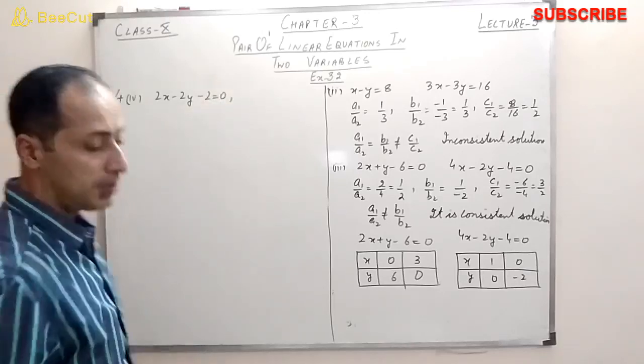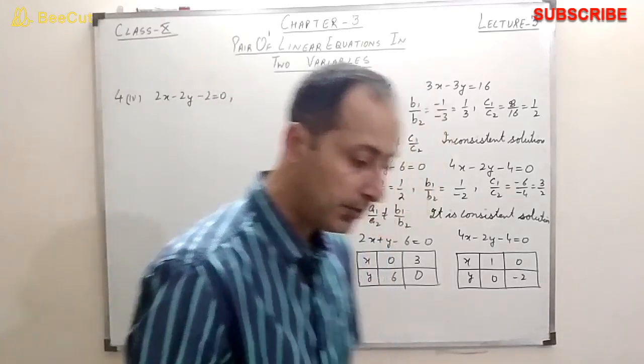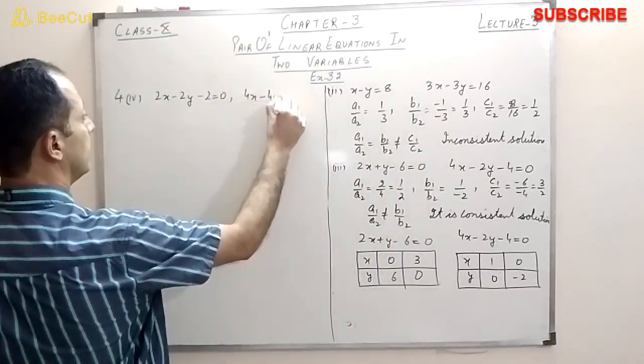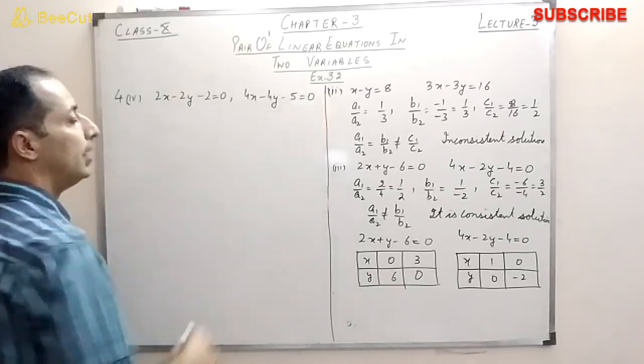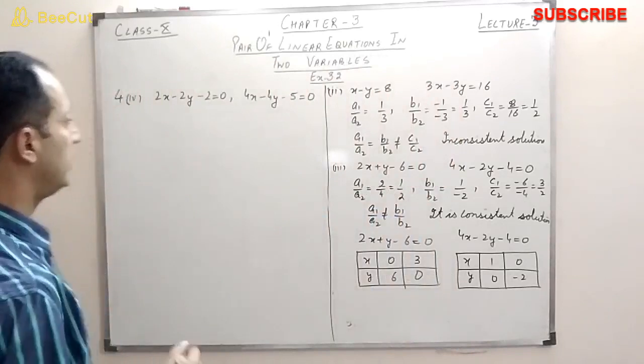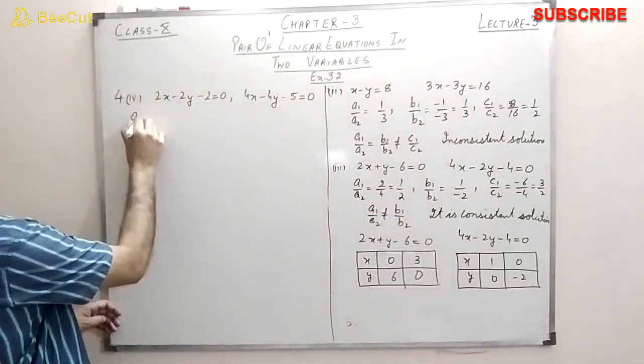And the second equation given to us is 4x minus 4y minus 5 equals 0. So again, let's find the ratios first. Then we will check if it is consistent or not.